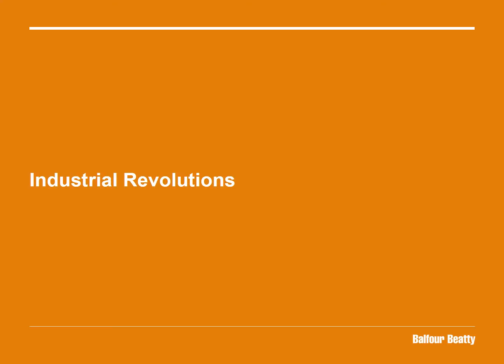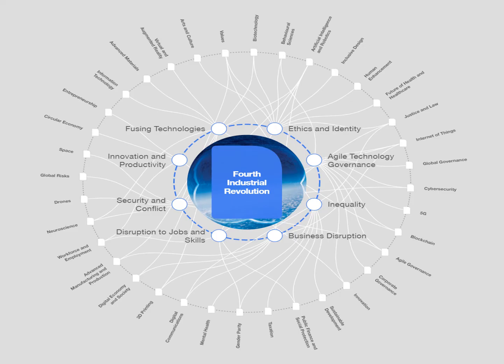So now let's talk about the industrial revolution. These industrial revolutions have been impacting our living spaces and affecting us since the 18th century. The industrial revolution, which we all understand better today, is the fourth revolution.